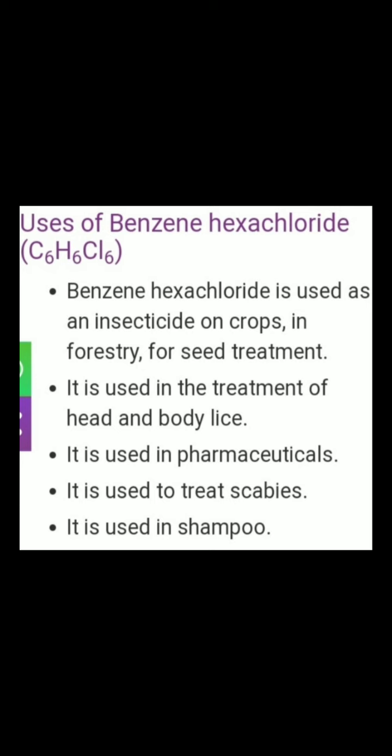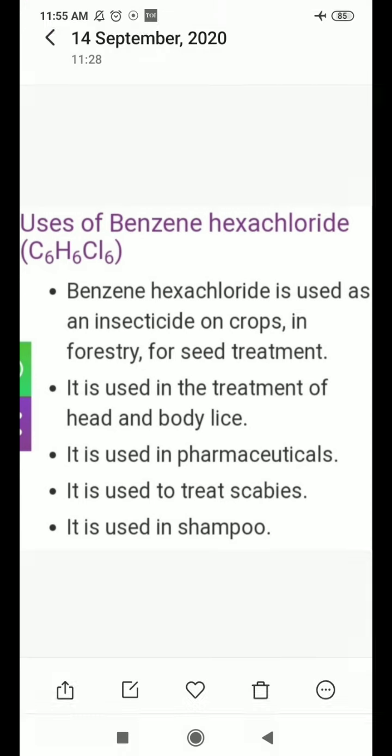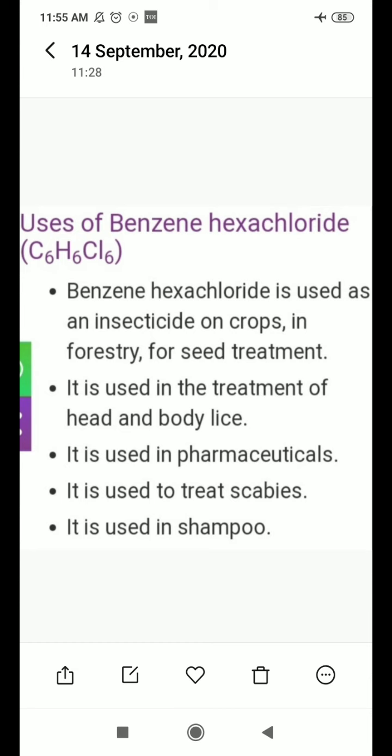Then Lindane cream. Actually Lindane cream is available in the market for secondary treatment of scabies infection. Scabies is one type of skin infection. In that case also it is the last option among the therapies. Other treatments have failed, but the last treatment is Lindane cream, used to recover from that scabies infection.